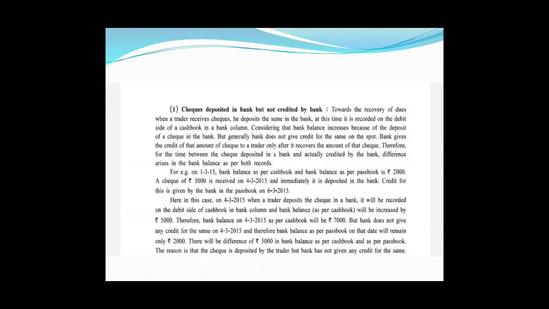The bank gives credit of that amount to the trader only after it recovers the amount of that check. Therefore, in the time between the check being deposited in the bank and actually credited by the bank, a difference arises in the bank balance as per both the records.